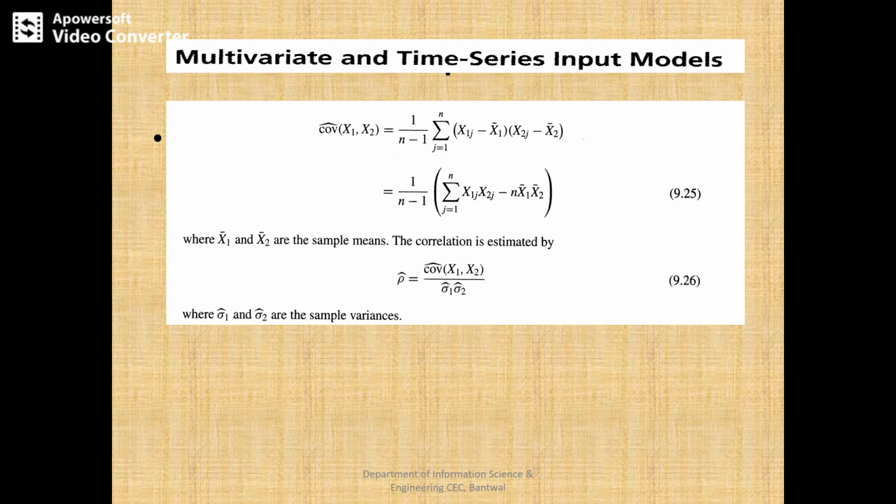Here we take the models directly. The formula is simple: the covariance of x1, x2 is 1 over n times the summation over j of the deviations from the sample means, x bar. The correlation, rho hat, is the covariance hat of x1, x2 divided by the product of the standard deviations, sigma hat, where these are the sample variances.